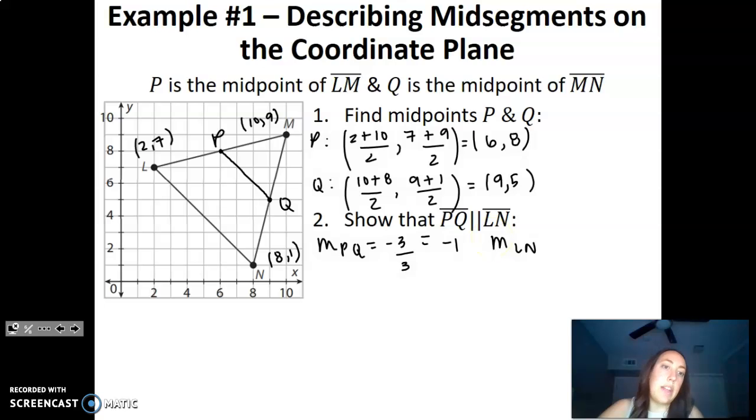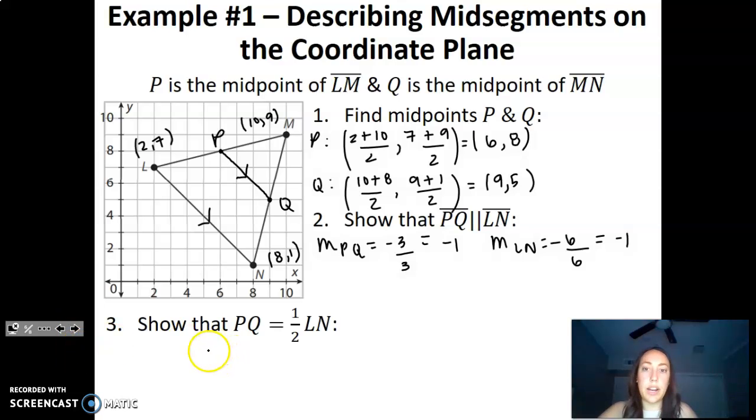We'll do the same thing with LN. We can see here we go down 1, 2, 3, 4, 5, 6 over 6. So down 6 over 6 also gives us a slope of -1. So since these two slopes are the same, we can go ahead and say that those 2 segments are parallel to one another.